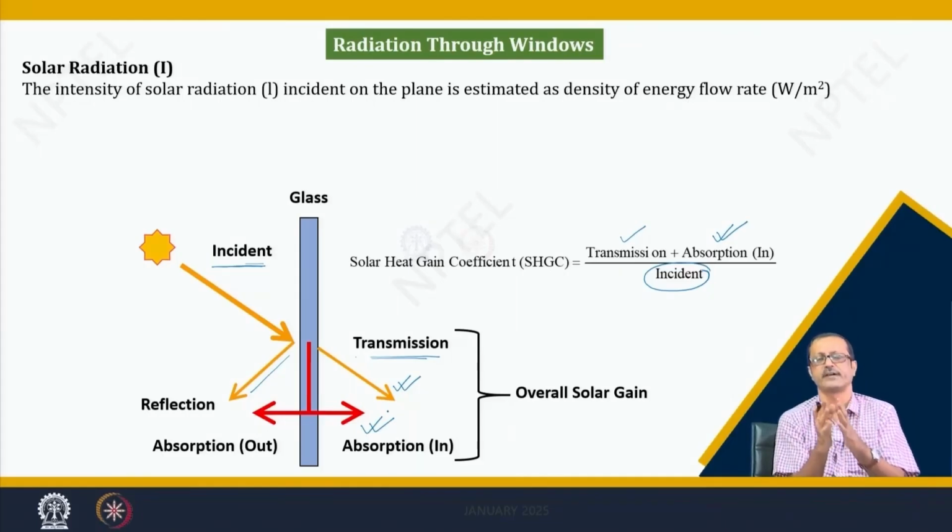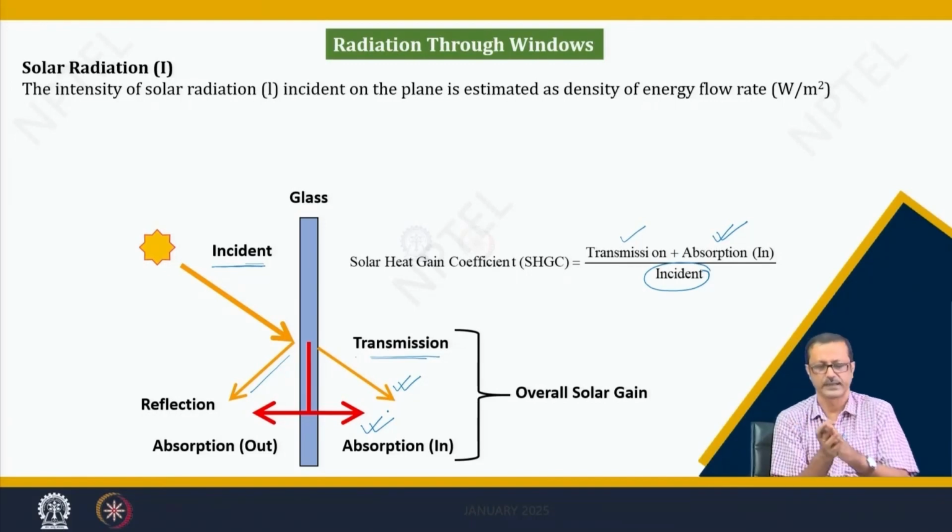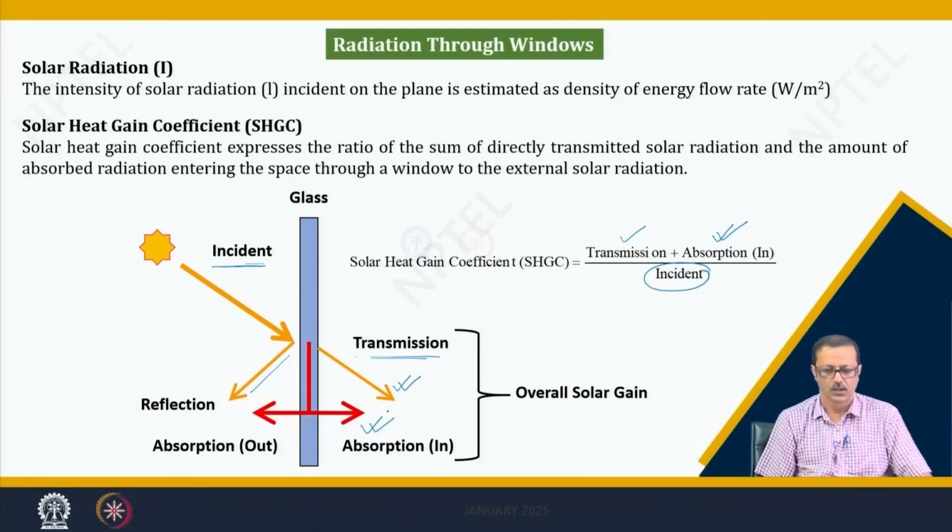Suppose it is 0.6, that means 60% of the incident radiation comes in, and 40% goes out. If the SHGC values are very high, it will admit a lot of radiant heat, and vice versa, if it is low, then it is very good, as it will not admit much.